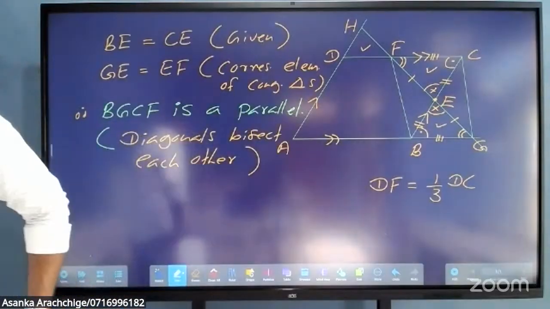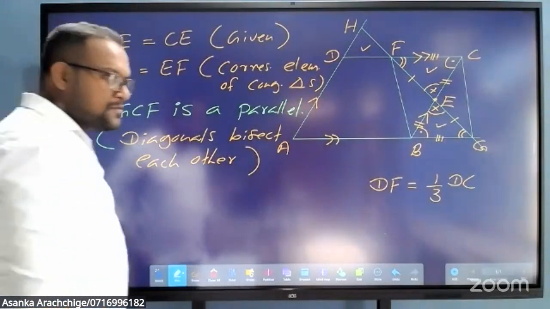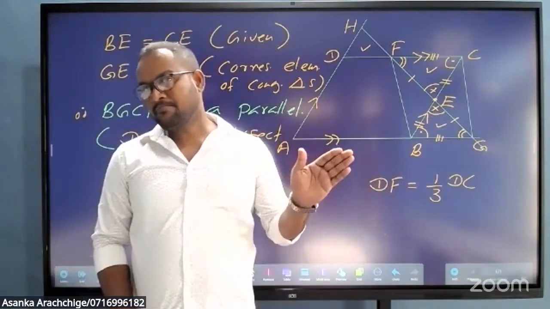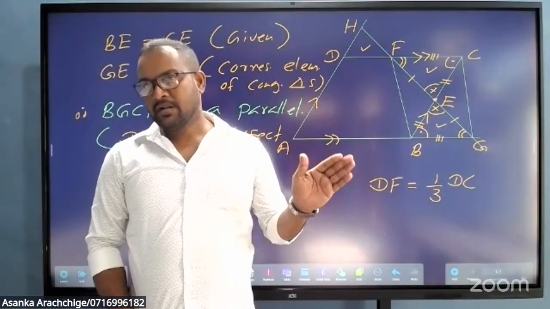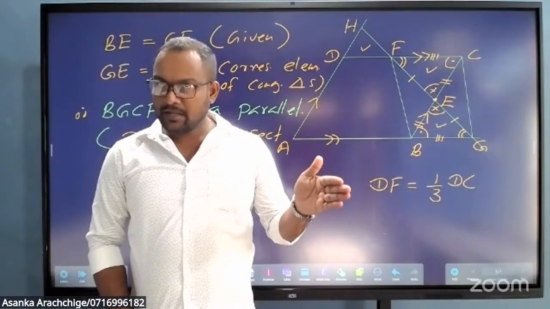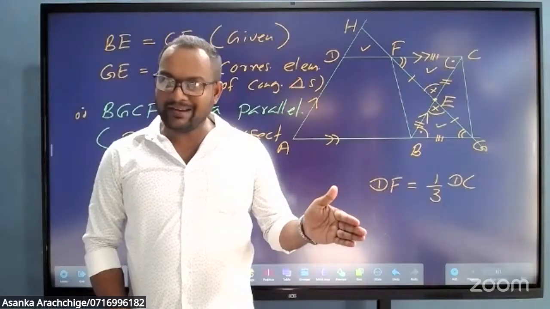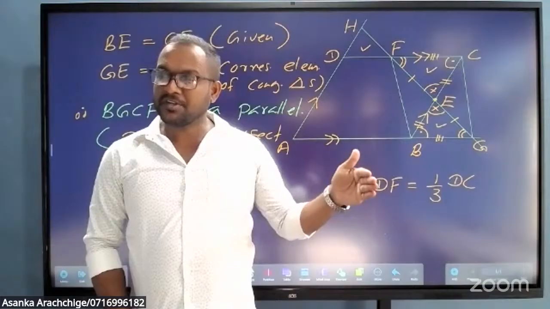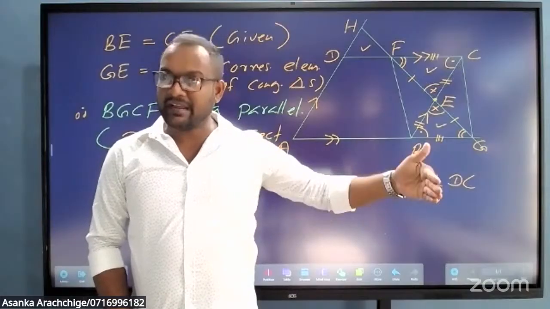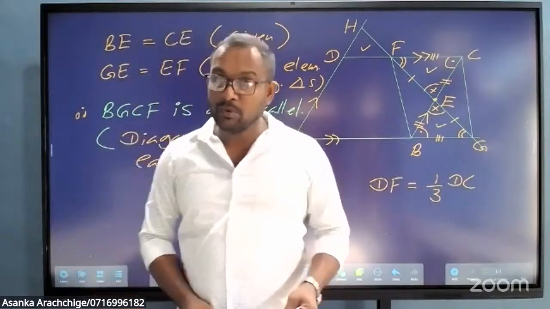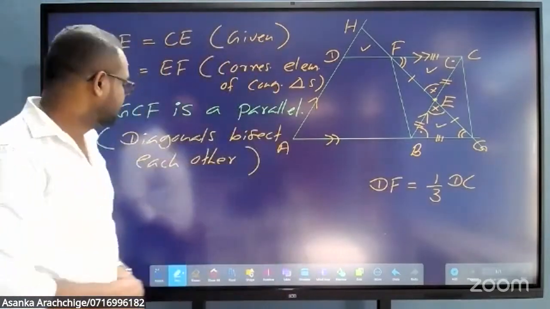Equiangular means two triangles must have the same angles, right? The three interior angles in a certain triangle must be equal to the magnitudes of the three interior angles of another triangle. Then they are said to be equiangular, right? Remember?